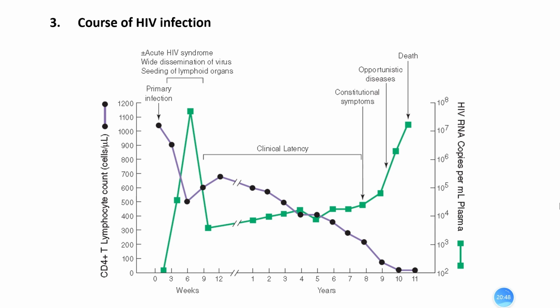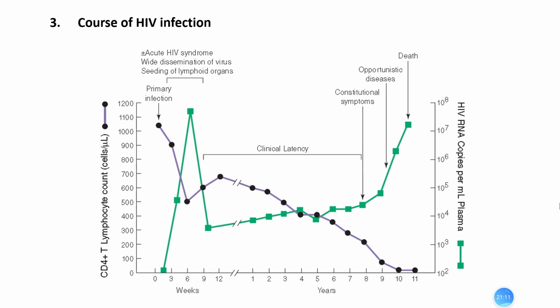Then let's check the CD4 T cell number. After its primary infection here, you can see that the count of CD4 T cells drops dramatically within a short time, okay, several weeks. Then you can sense the struggle of the immune system.